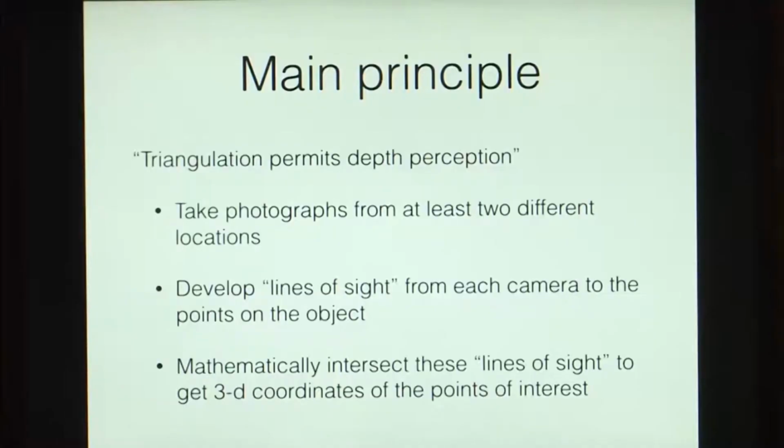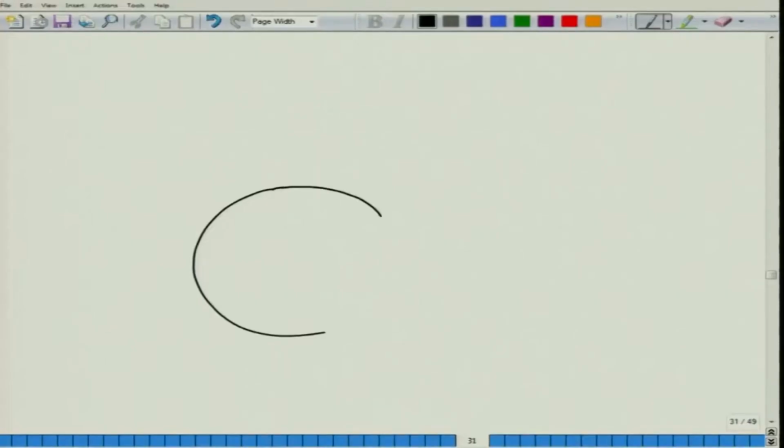So, what is the main principle behind photogrammetry? If we go back to the slides, the main principle is that triangulation permits depth perception. Now, what does triangulation mean and how does it permit us to perceive depth? Suppose this is an individual and we have two eyes. If we have some object here, the left eye and the right eye both get information about this object.